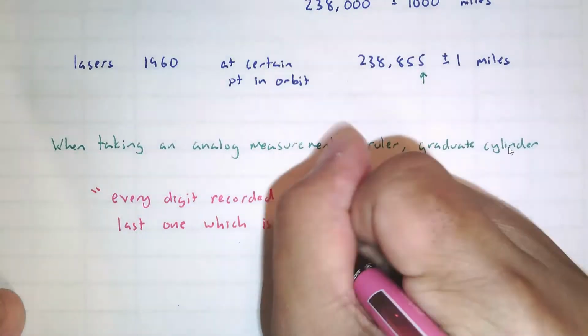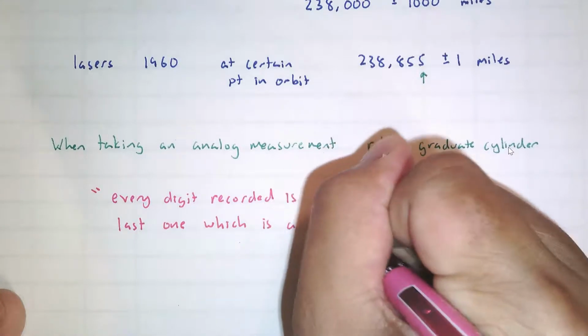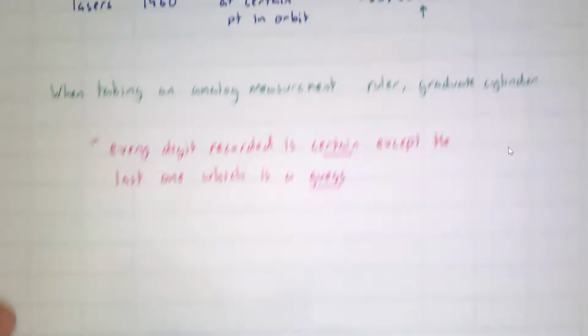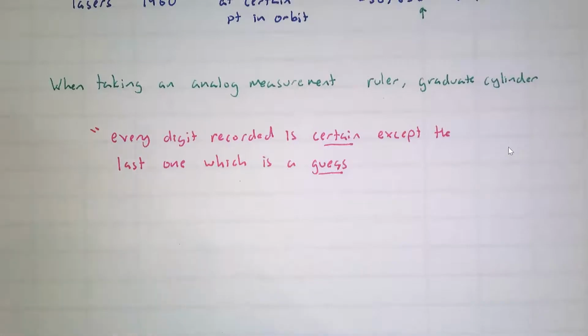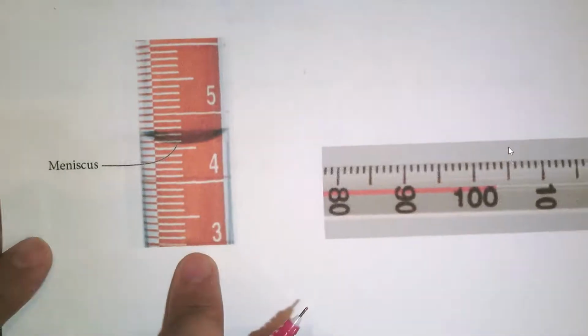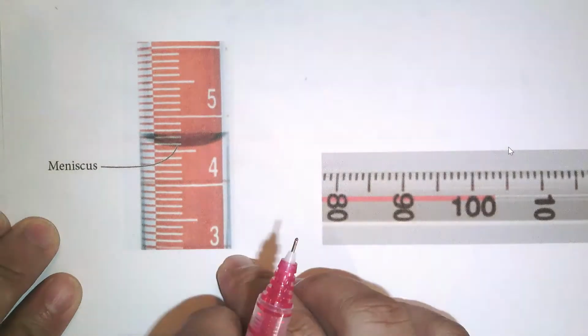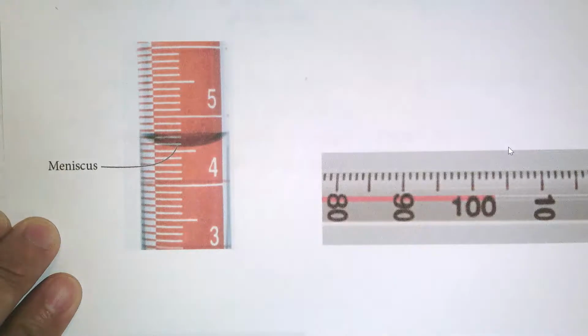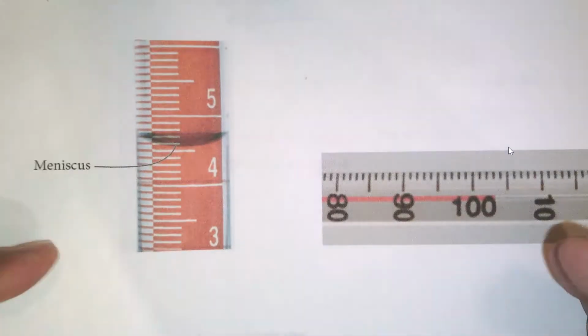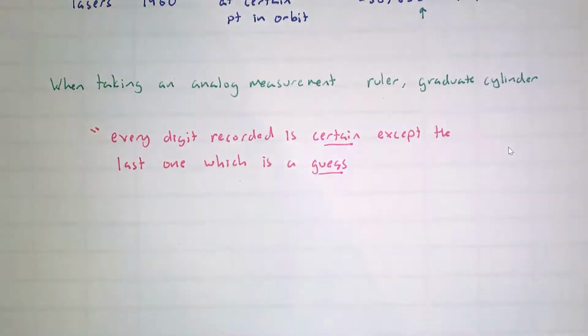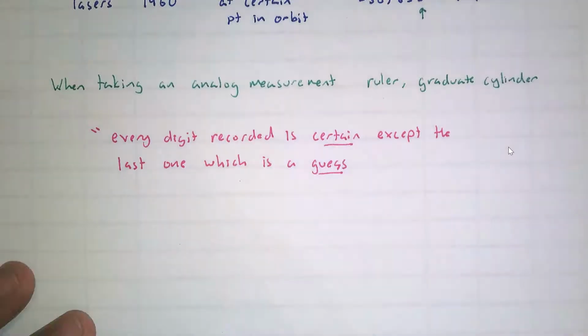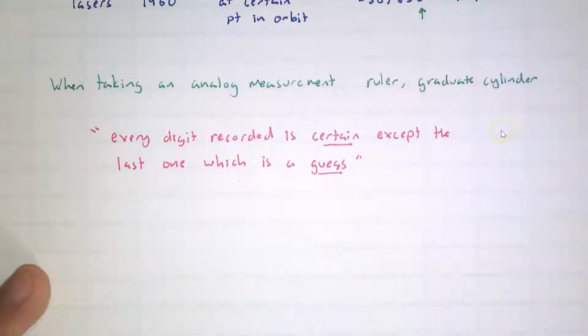Just say a guess. Because, for instance, if I have this graduated cylinder of water and I ask 10 people to tell me what volume this is, it wouldn't surprise me if I get several different answers. And there can be many different answers. Let me show you an example.